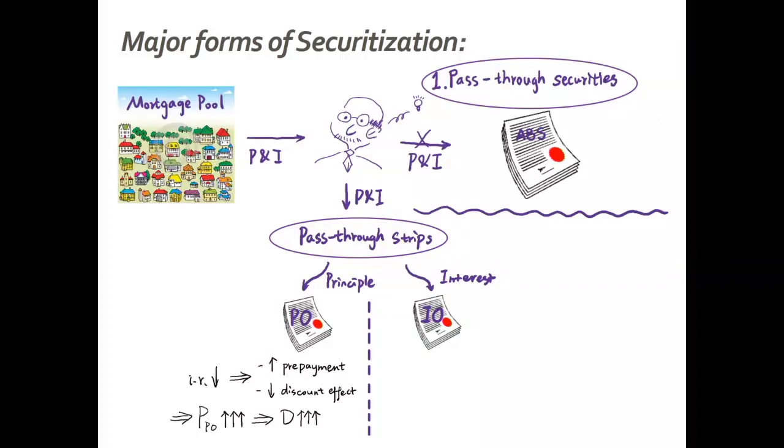But what about an investor who receives just principal, no interest? No, I think you have a misunderstanding here. What we call principal is the principal coming from the mortgage pool. But it doesn't mean when you buy a PO strip, you don't receive interest payments. It carries coupon rates, and it's just an investment that allows you to receive cash flows.